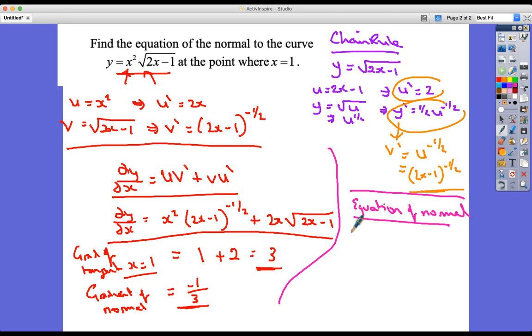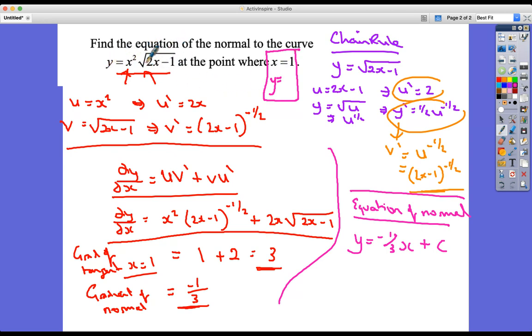Right, so we're going to start to write down the equation of the normal. The equation of the normal, y equals minus 1 over 3 x plus c. Now we've got the x value up here. To find the c, we have to work out the y value that goes with it by putting the 1 back into the original equation, which tells us what y is.